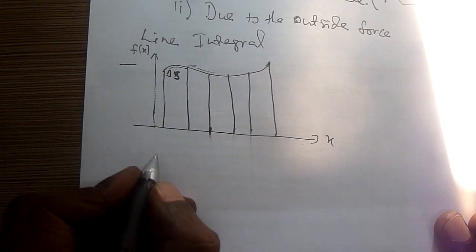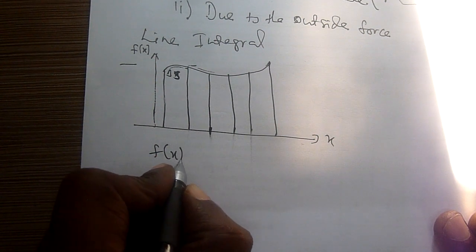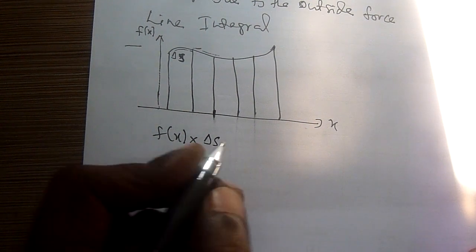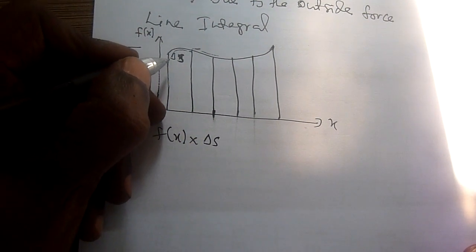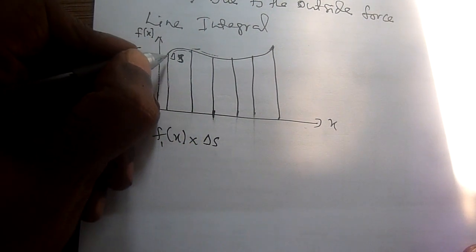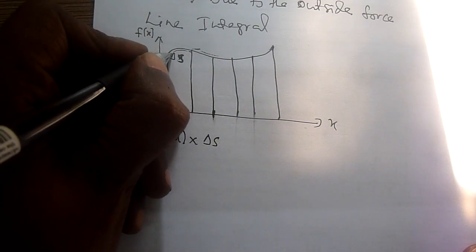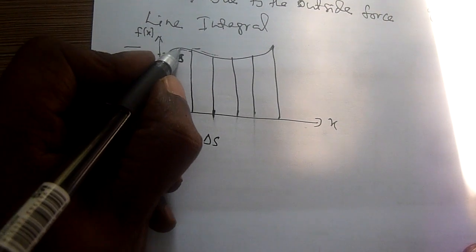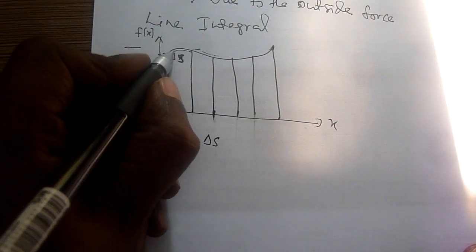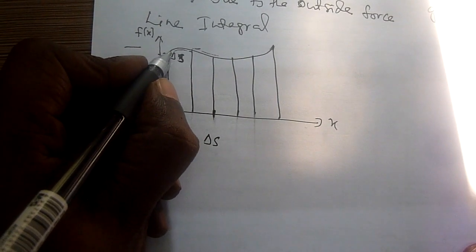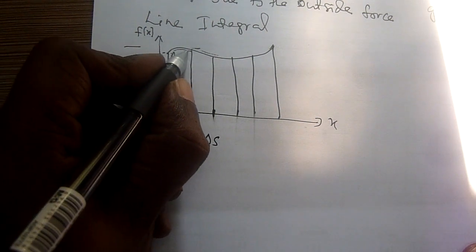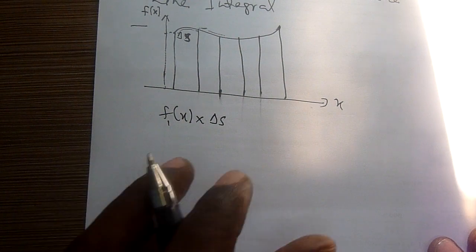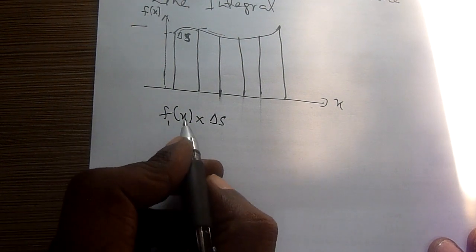Then I am able to calculate the del s. Therefore f(x) times the del s, for the del f, imagine this is f1. Then I calculate this area. Actually, I am not calculating the length, but I want the length of this. How to do that? Let's say I combine together.